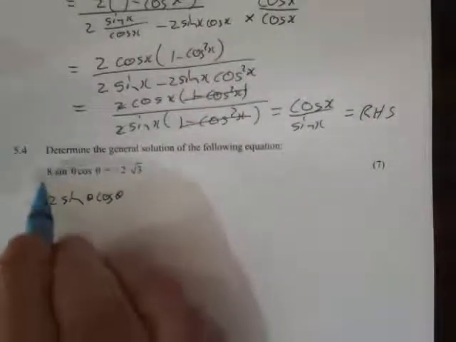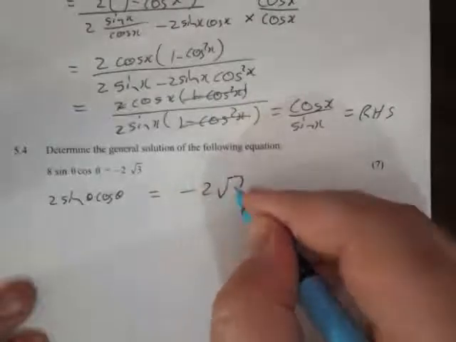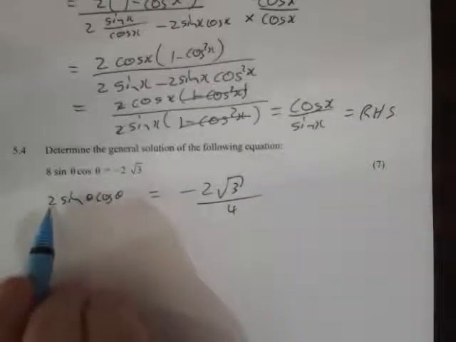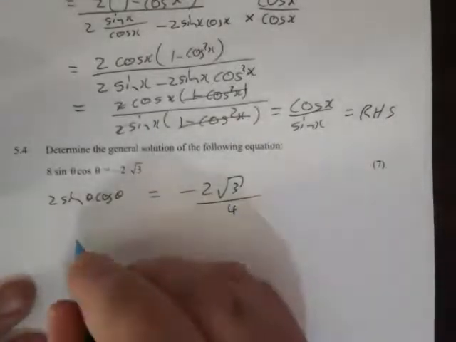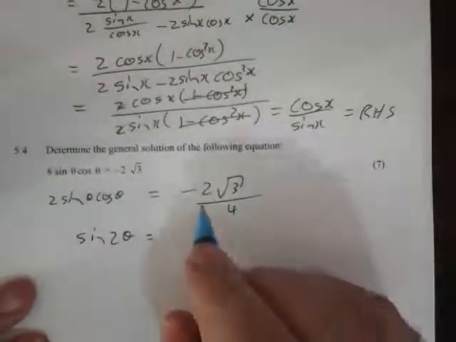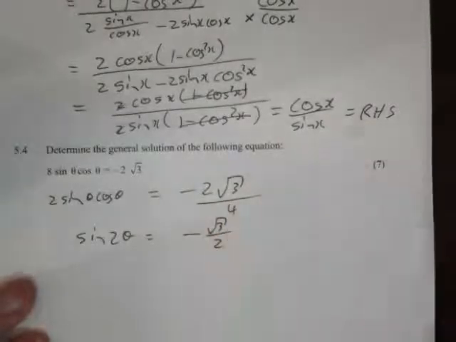And to get 2 from 8, we will have to divide by 4. So it's minus 2 square root of 3 over 4. Okay, so now we're going to say 2 sine theta cos theta is sine of 2 theta. And that simplifies to minus square root of 3 over 2.